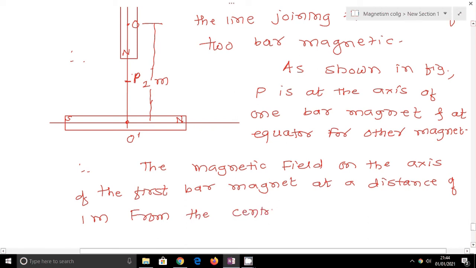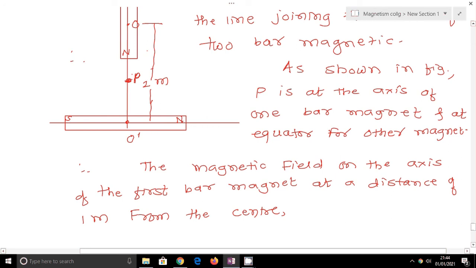See what I write here. See here, we have to find out the magnitude at point P. Point P is the center of the line joining the centers of the two magnets. If the total distance between the two centers is 2 meter, then point P is at a distance of 1 meter from each magnet.